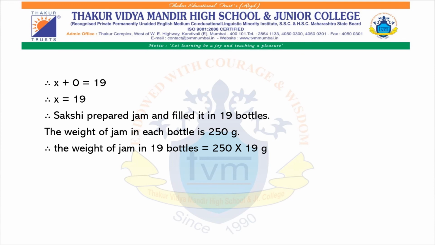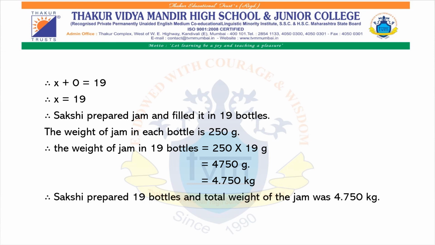Therefore, the weight of jam in bottles is equal to 250 into 19 grams, which is equal to 4750 grams, which is equal to 4.750 kilograms. Therefore, Sakshi prepared 19 bottles and the total weight of the jam was 4 kg and 750 grams.